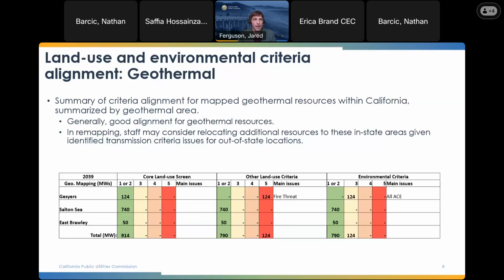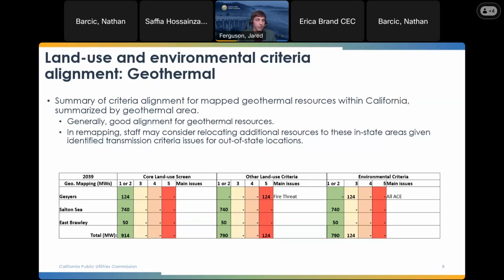And as we're looking at where to site all of the geothermal resources in the portfolio, if the transmission solutions for out of state resources in particular could potentially be not cost effective, one alternative that the working group could implement is shifting more resources into a few of these geothermal areas.